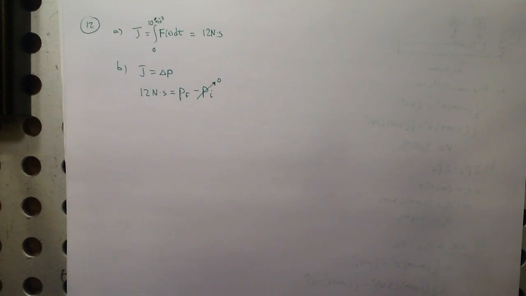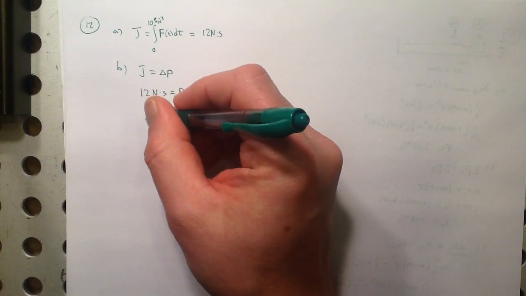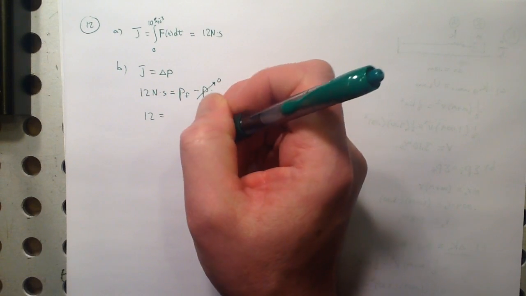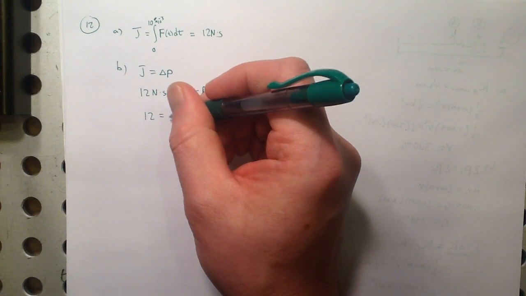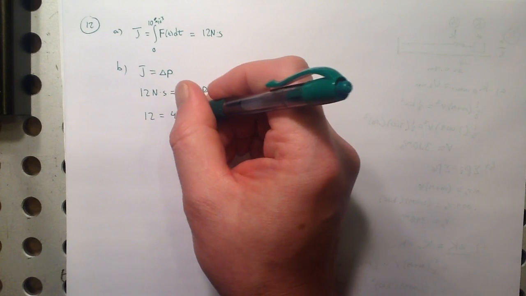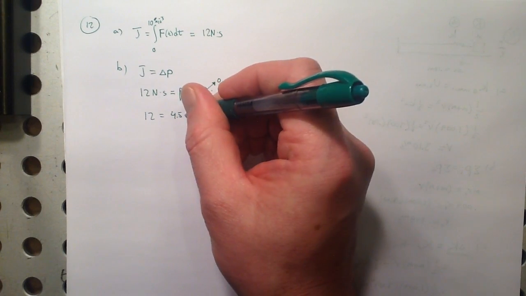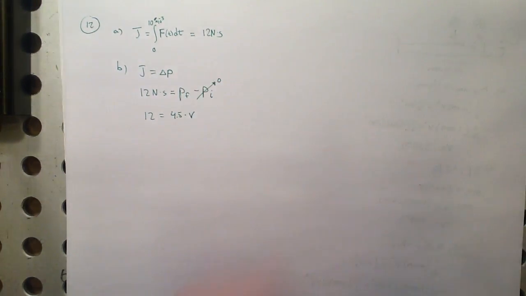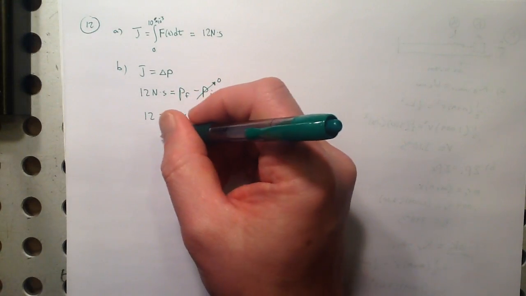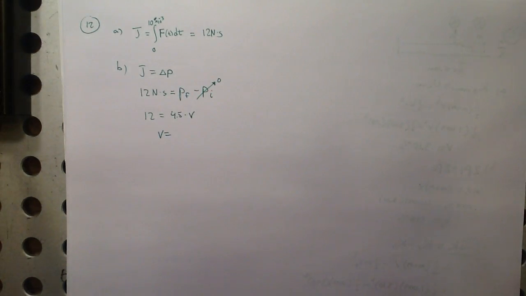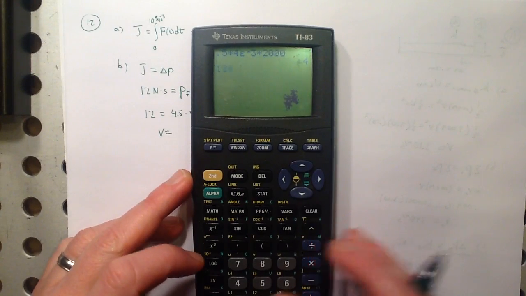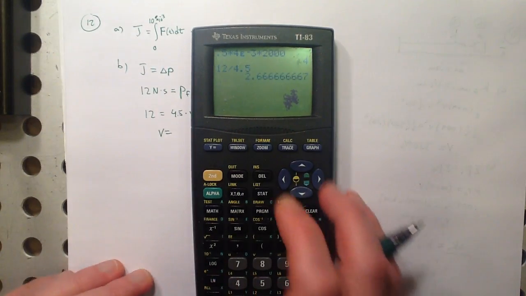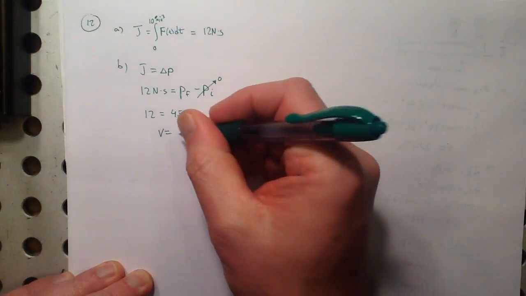So 12 equals, momentum is mass times velocity, so the mass of that block was 4.5 times its velocity after the collision. So that's 12 divided by 4.5, 2.67.